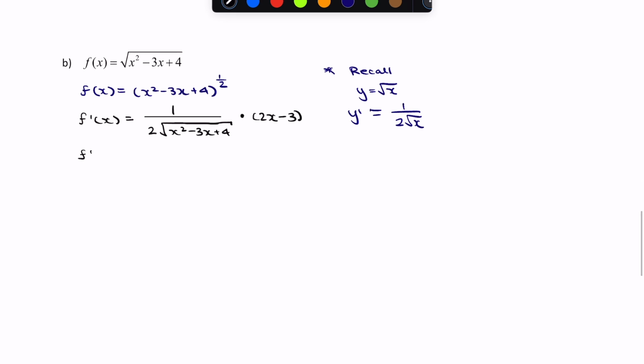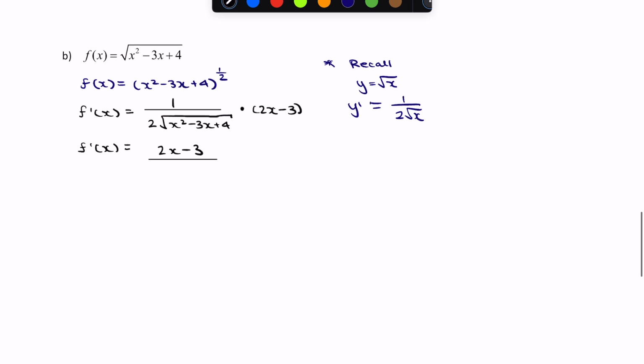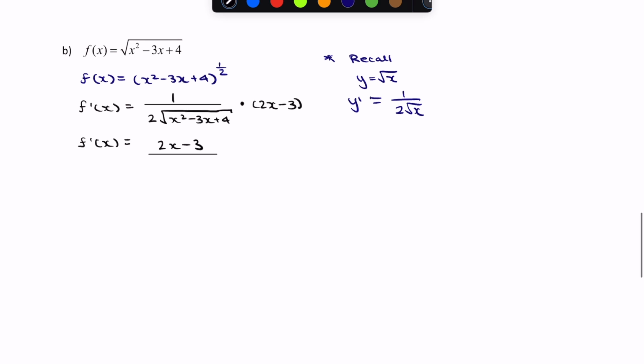So f prime of x is equal to (2x − 3) over 2 square root x² − 3x + 4.